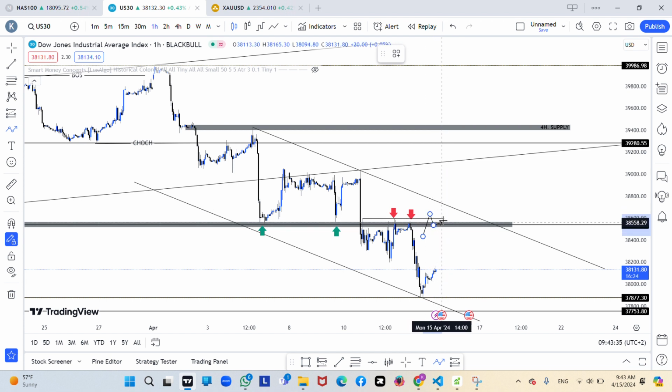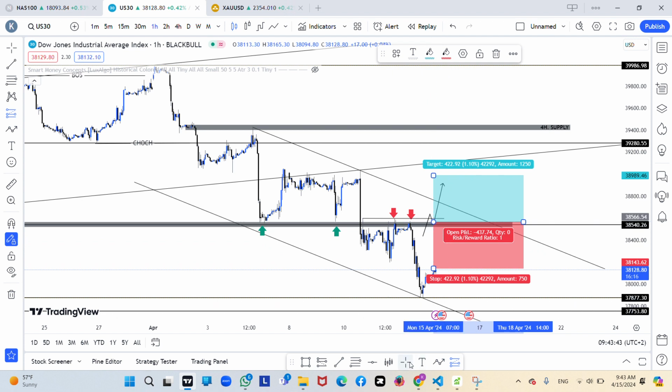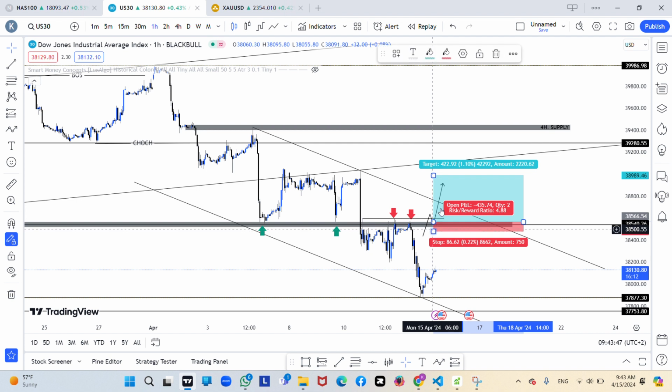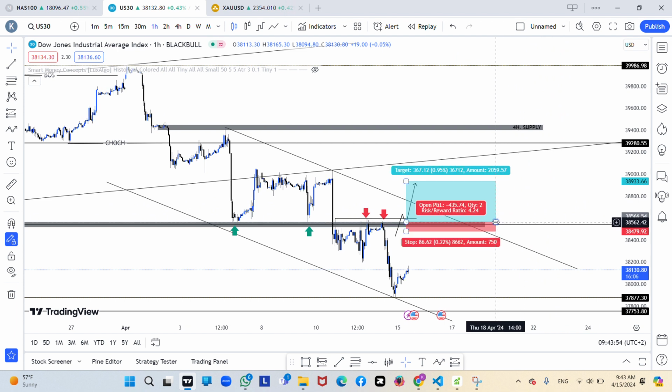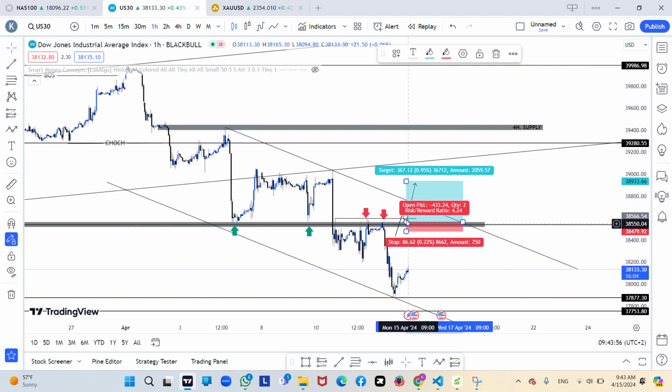Then I was allowed to take buys maybe from there to there. I was only supposed to take buys once we break and close above, and then we wait for a retest, and then we enter.